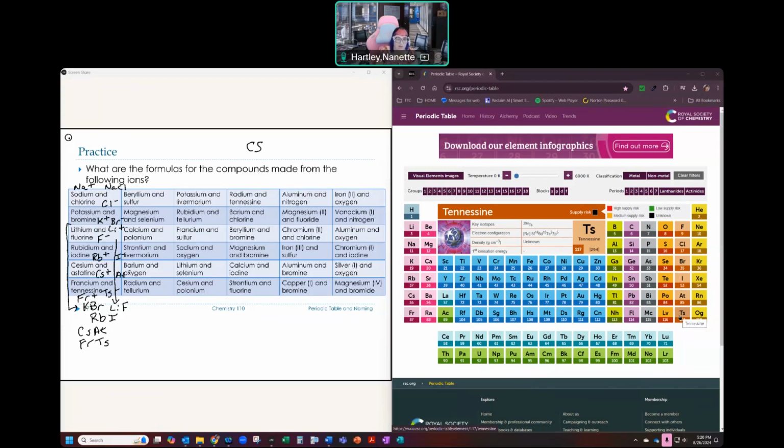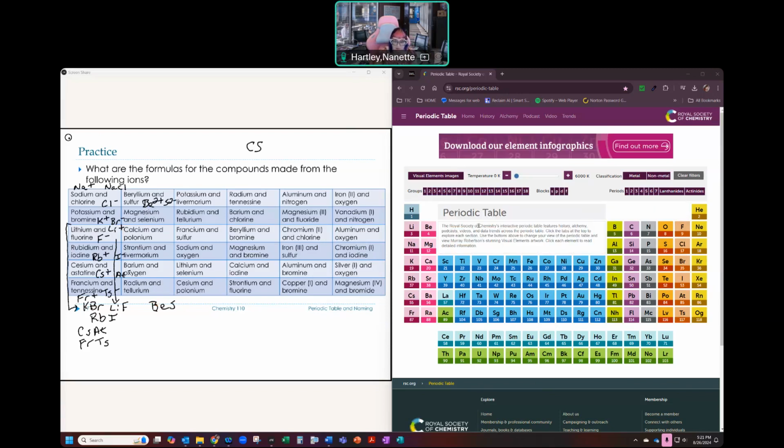Okay, so taking a look at the next group, we have beryllium. Okay, beryllium is right here. So he is a 2+, Be2+. And my sulfur, okay, sulfur is right here. He's going to be a 2-. That's going to be BeS. 2+, 2-, so BeS.